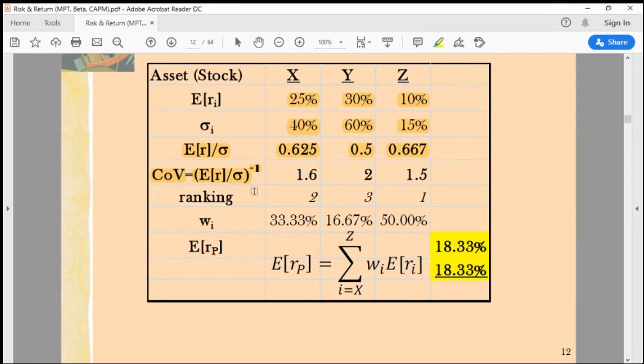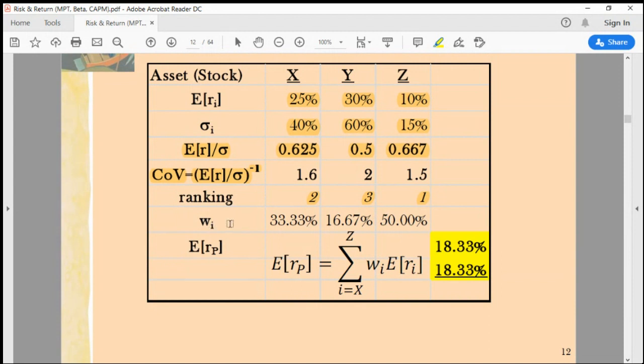Coefficient of variation. If we use the coefficient of variation, the lower the number, the better it is. Still, you come to the same result. In terms of ranking, Z is your number 1 stock, X is your number 2 stock, Y is your number 3 stock.